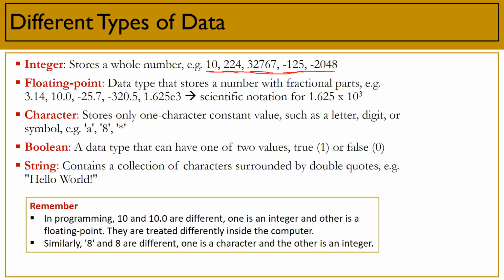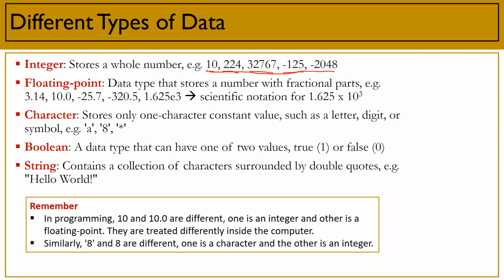So if you have a problem where you are working with data and the data can take only whole number values, then you should pick the integer data type. For example, if I have to store the number of students in the class, I will use an integer data type to store the number of students in my class.